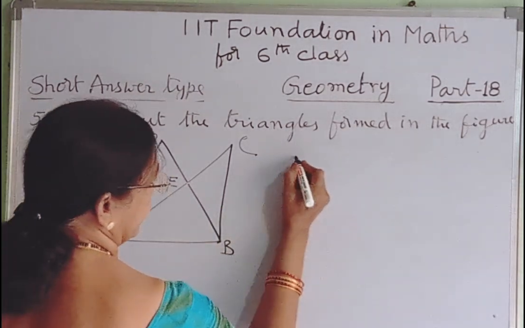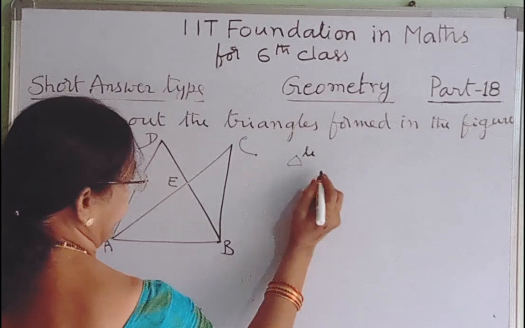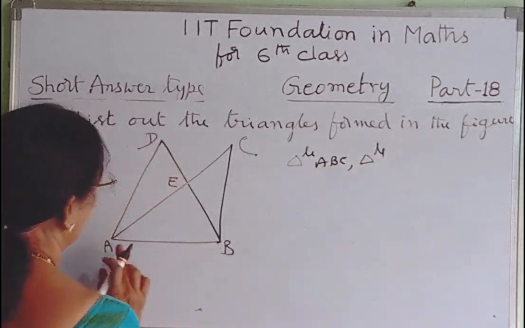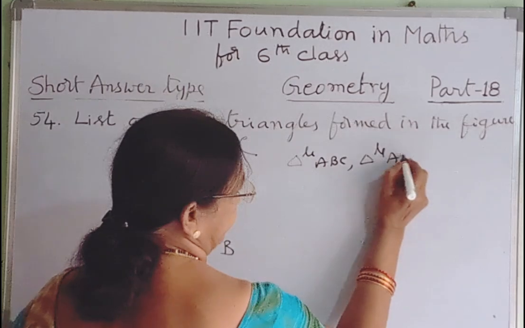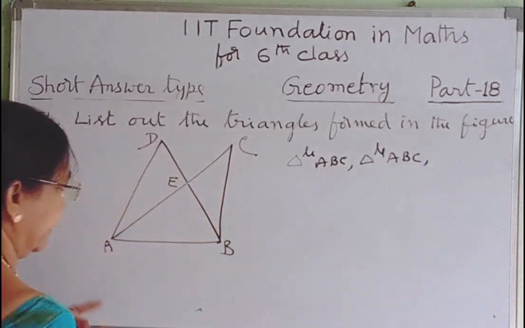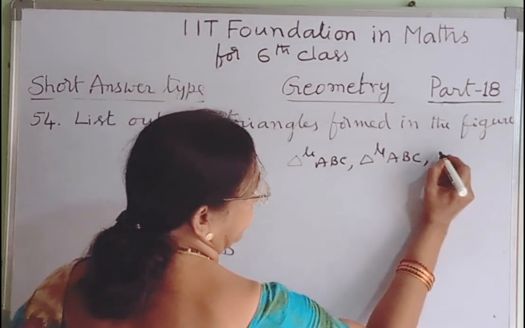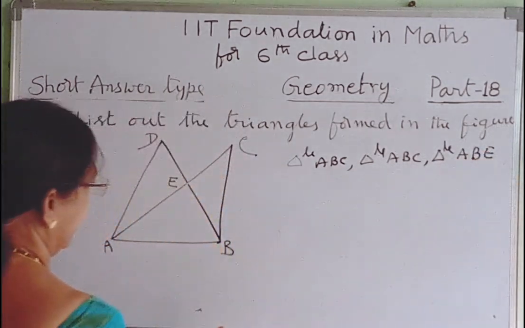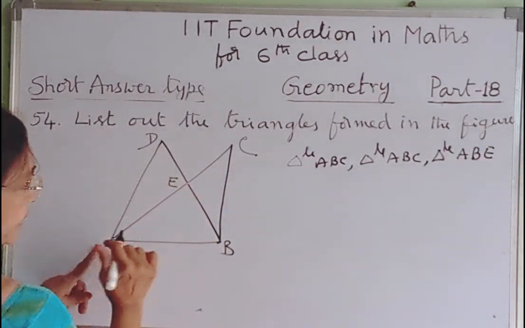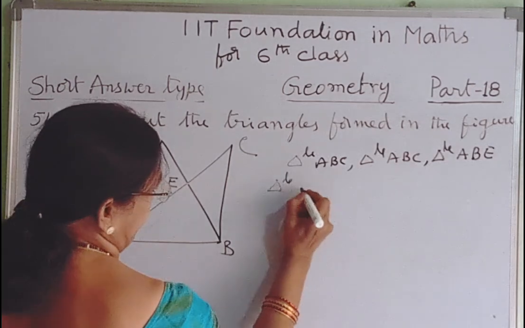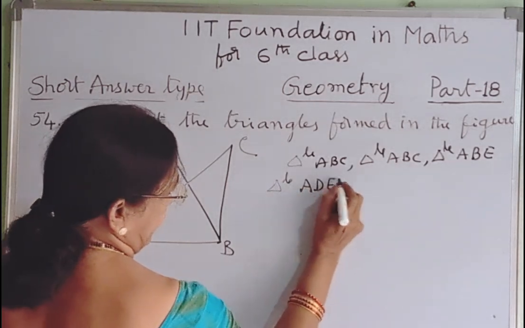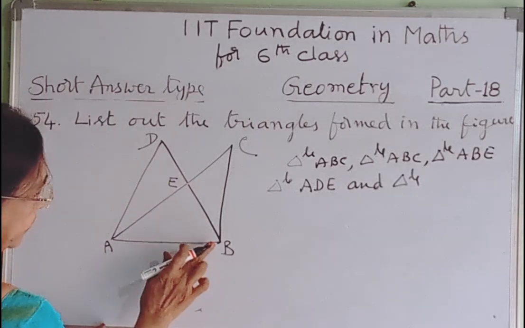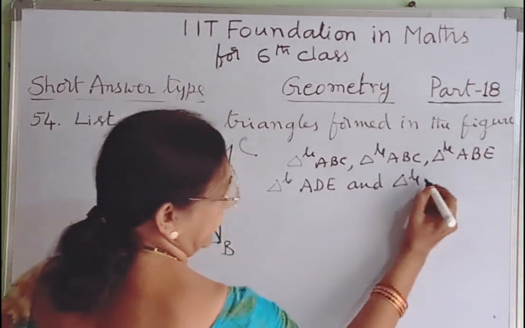So we will list out triangle ABC, triangle ABD, triangle ABE. Next triangle ADE, and triangle BCD.